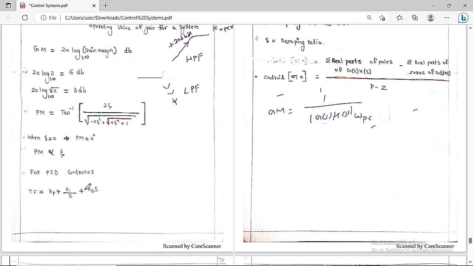The next point is the PID controller. What is the transfer function? PID means the output is proportional to the input, the integration of the input, and the derivative of the input. That is called a PID controller.